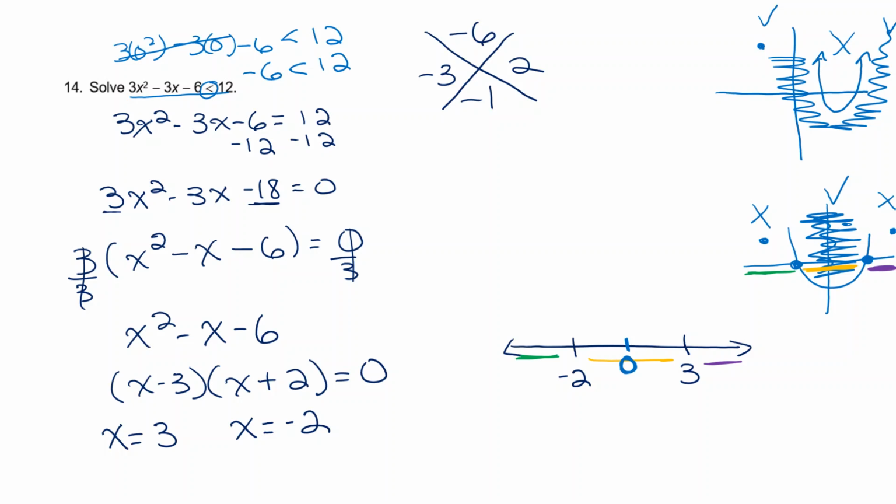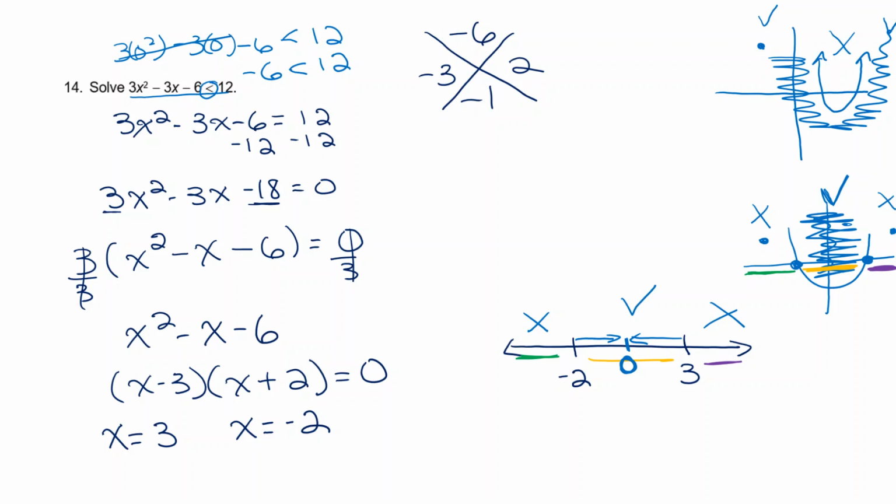So since I picked the one in the middle and it said yes, this one is true, that tells me that this is going to be false and this is going to be false. Both of those two will be false. So I know any number that I choose within this range is going to be a true statement.